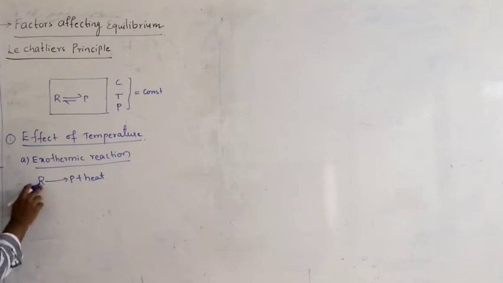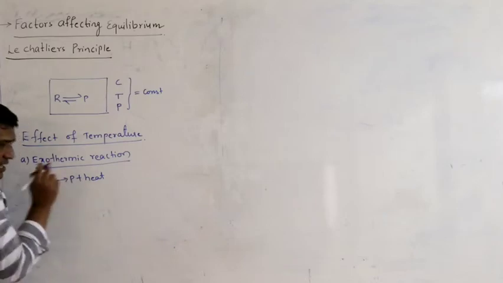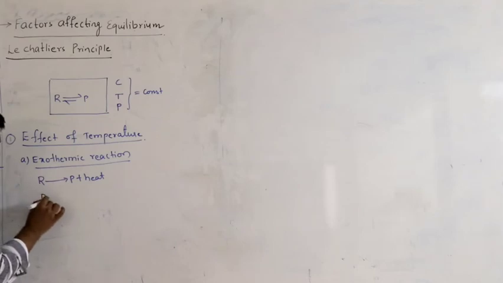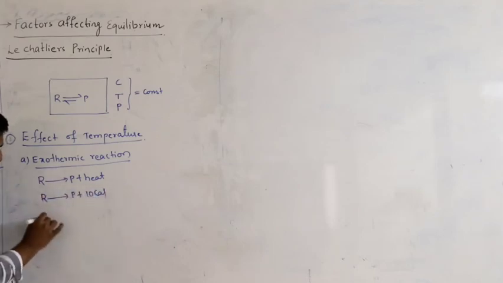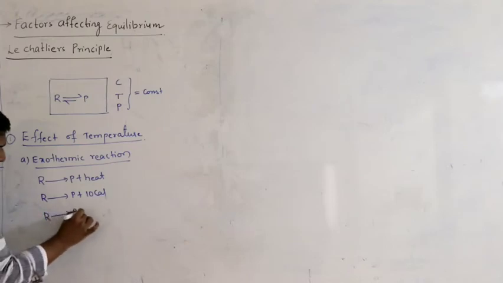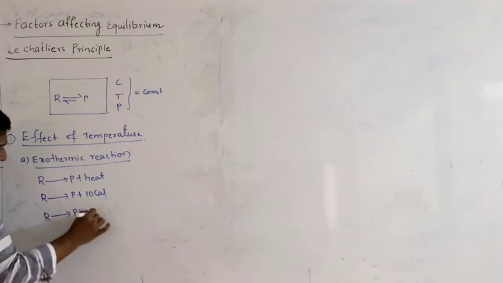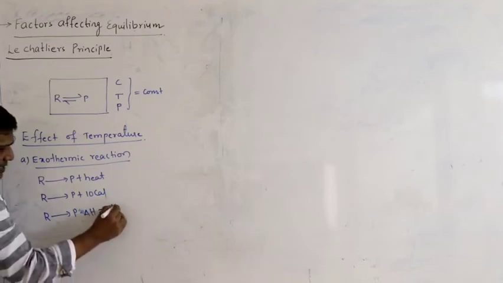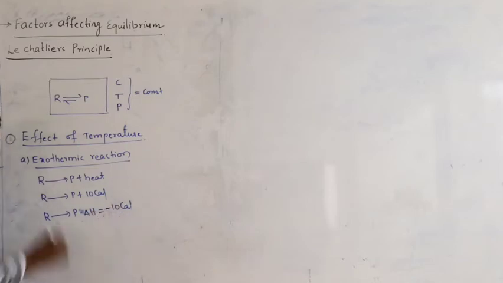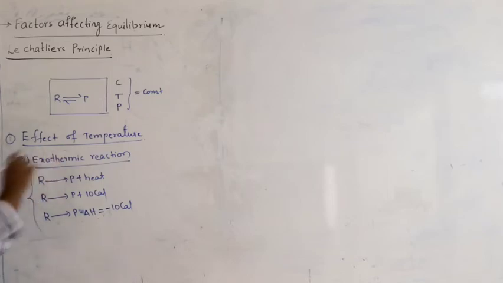You can write: reactants are converted into products plus heat energy released. Or say heat released is some 10 calories, or you can write delta H, change in enthalpy, minus 10 calories.